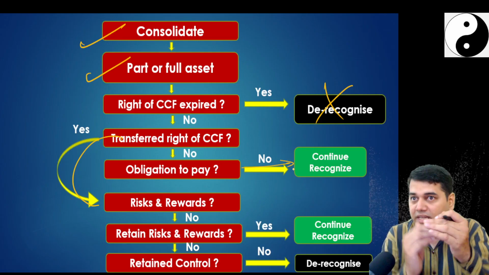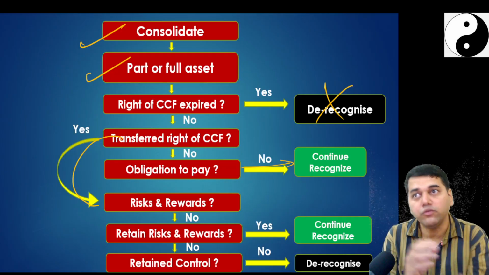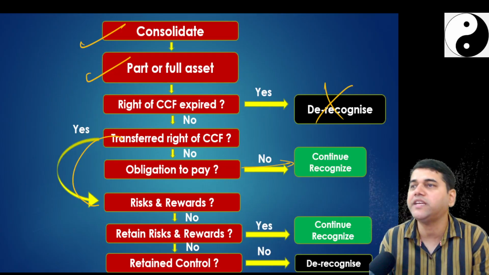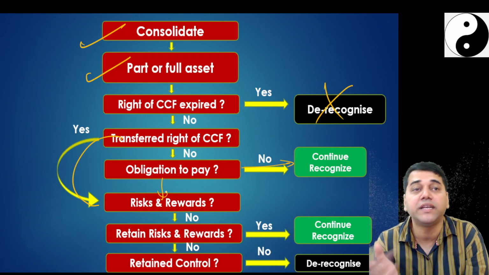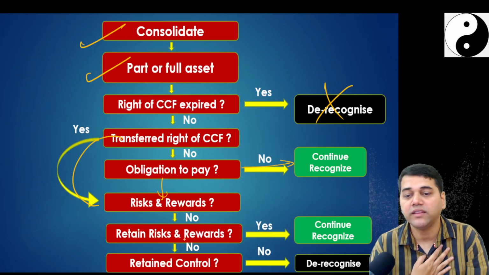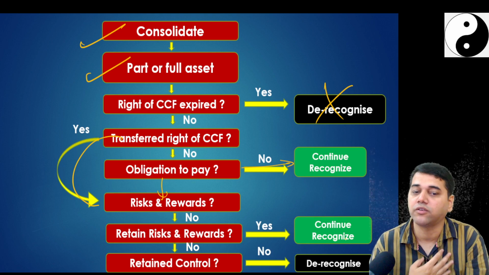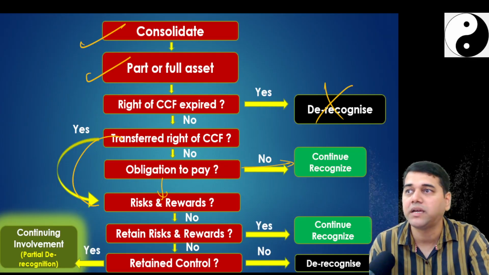That means you have retained the asset's risk and reward. All the cash flow that is coming, are you supposed to pay someone? No, you retain it. No, but you are supposed to pay someone. Again, you need to check who is maintaining the risk and reward of this asset. Am I acting as an agent? Okay, then retain the risk, retain the control. No, derecognize. Yes, partial. Rather than this chart, please refer to my chart there.